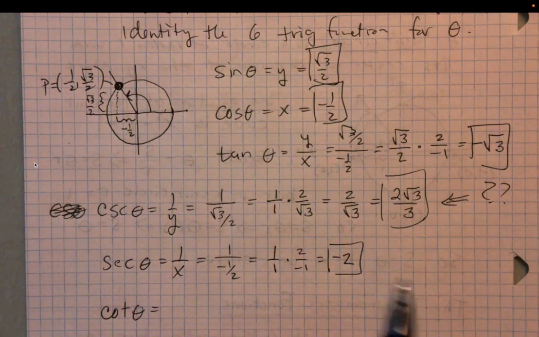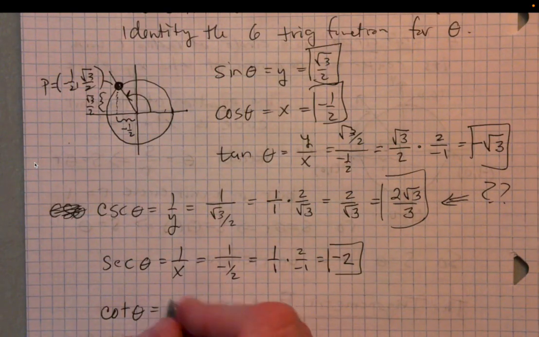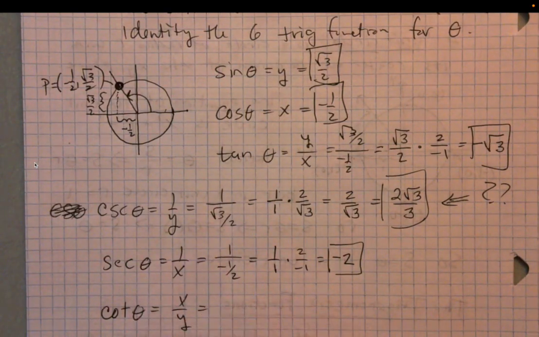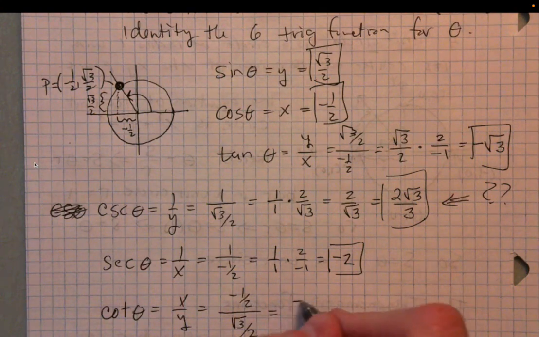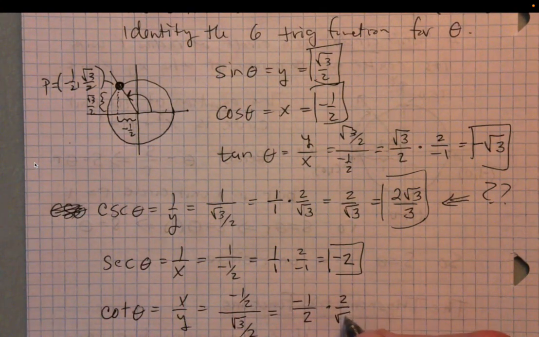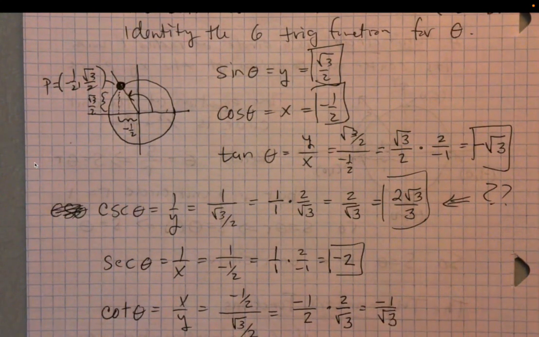Well, it's the reciprocal of the tangent, so tangent's y over x, so cotangent must be x over y. Remember, x is -1/2, and y was square root of 3 over 2. And so this is -1 over 2 times 2 over the square root of 3. And so you see this is equal to -1 over the square root of 3.